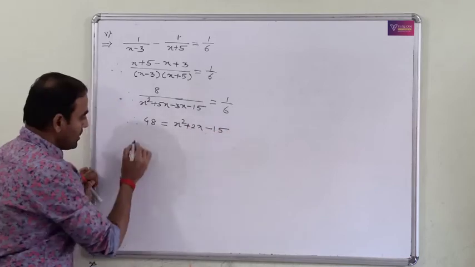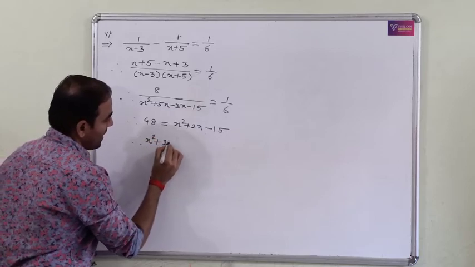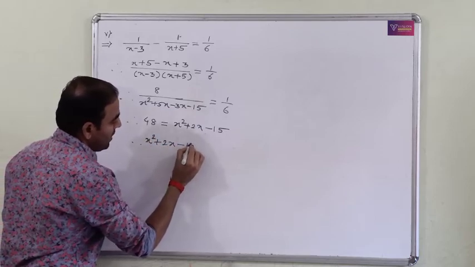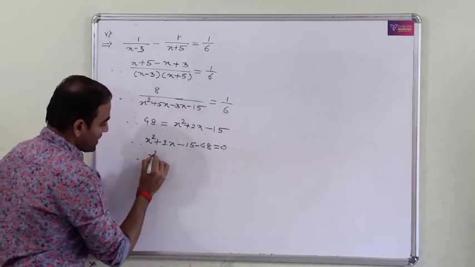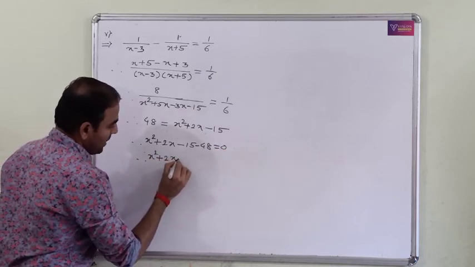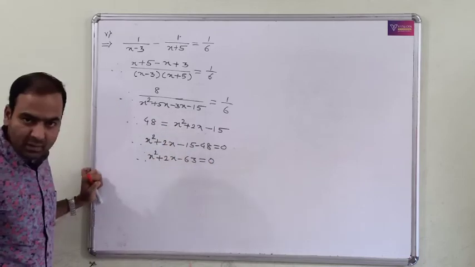So we get x square plus 2x minus 15 minus 48 is equal to 0. So x square plus 2x minus 63 is equal to 0 by taking the addition.